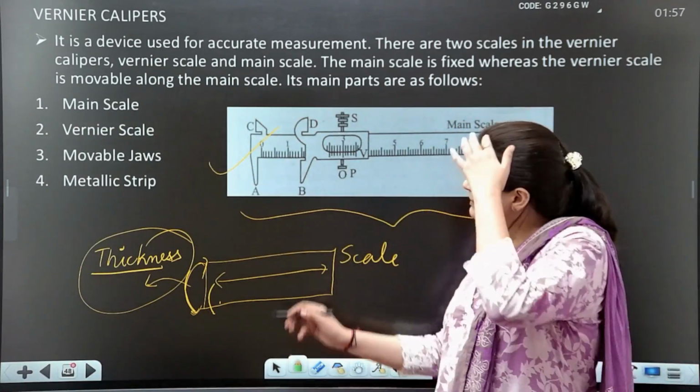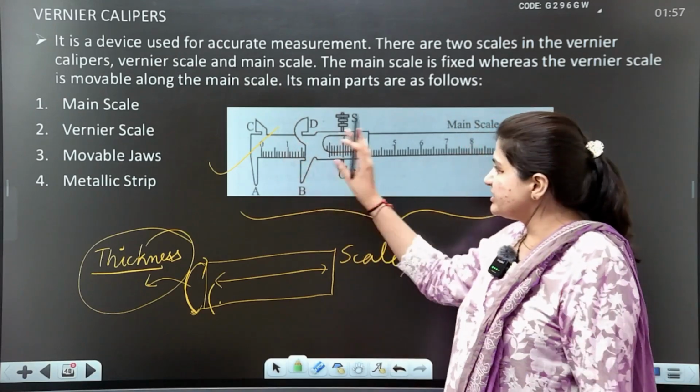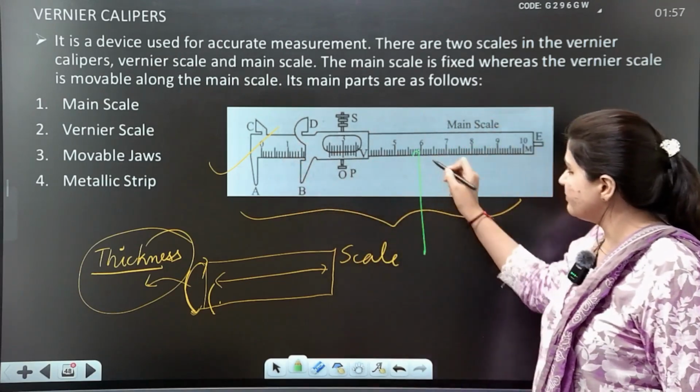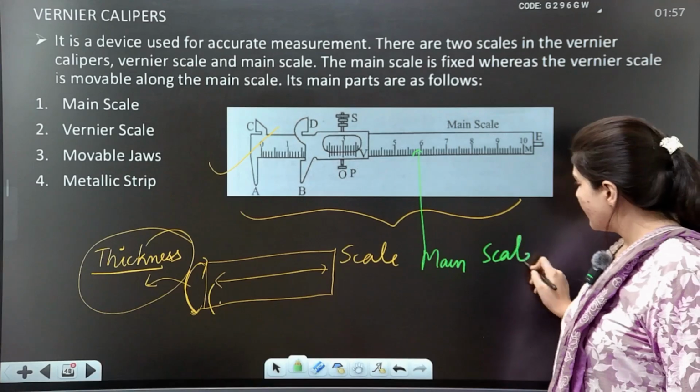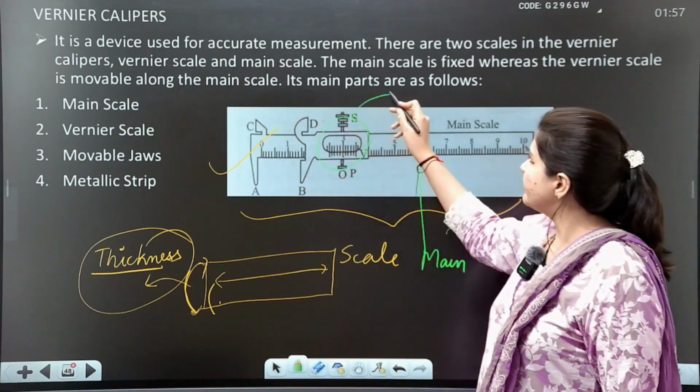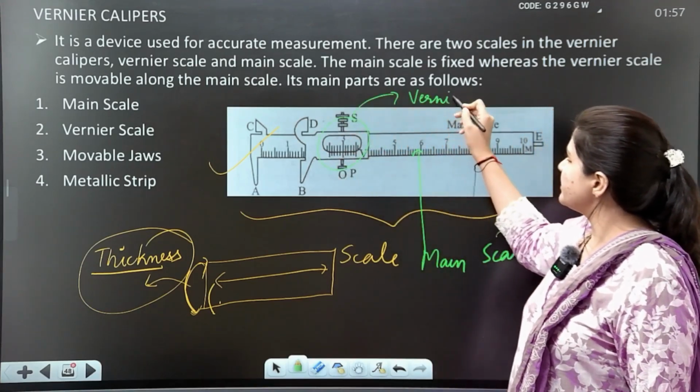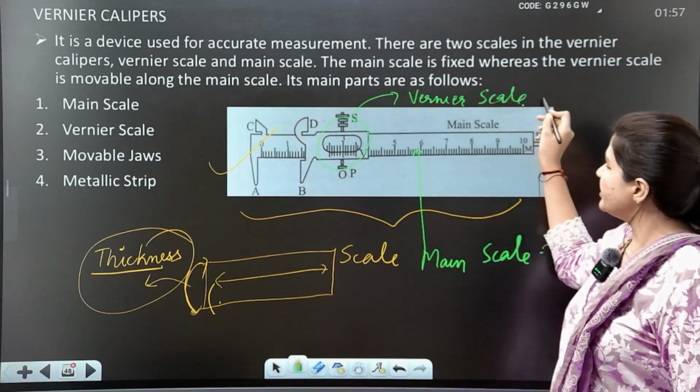The vernier caliper has a main scale, and then we have the vernier scale.